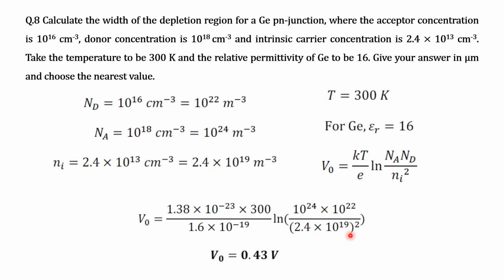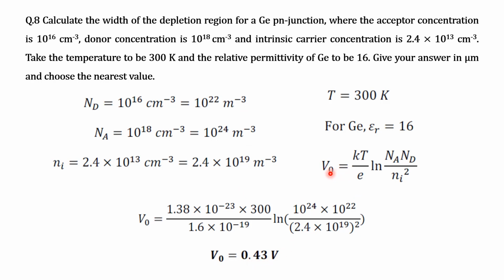Here please note that everything is being converted into meters so that we get the answer in volts. But inside the ln, even if you convert or not, since it is a division, it will cancel out, hence it is not necessary, but if you want you can convert all the units to SI. So V0 will be 0.43.